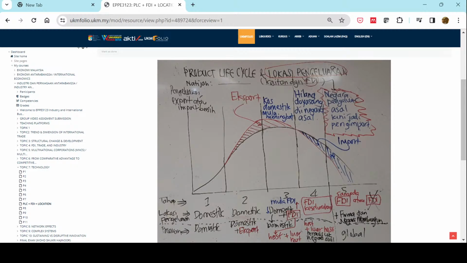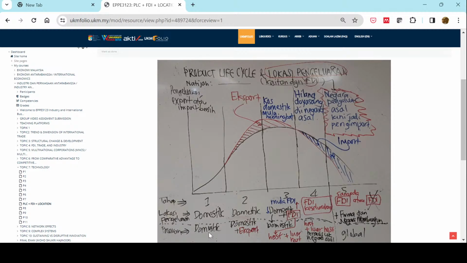Before I go further, this product life cycle theory in a way explains how a country that was the first that introduced a certain product was able in terms of capital and, more importantly, able in terms of technology.